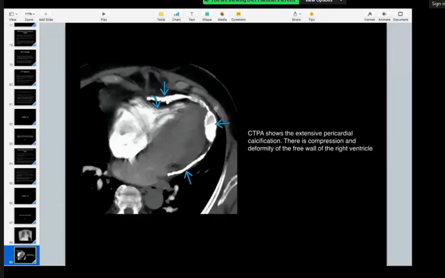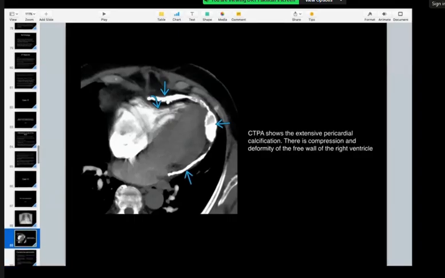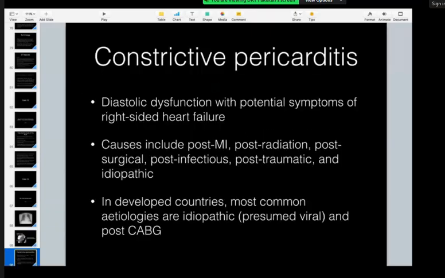Yes, true. So this patient presented shortly after his MI with these complications, and given the deformity of the right ventricular wall. Yeah, and it's circumferential rather than focal like you would expect an aneurysm.